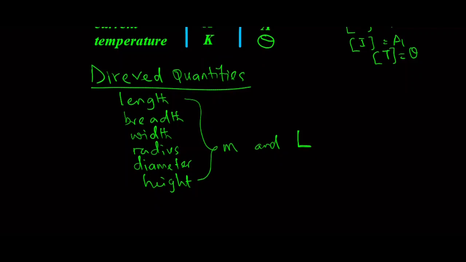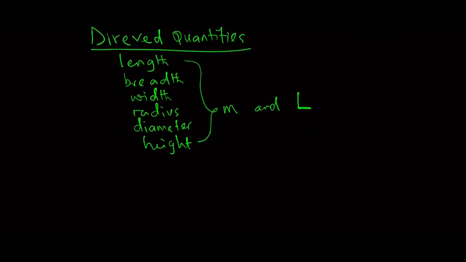Before we can analyze the dimensions of the derived quantities, we must be familiar with their equations. Without the equations, we cannot really do anything with the derived quantities. So we are going to start by looking at area.